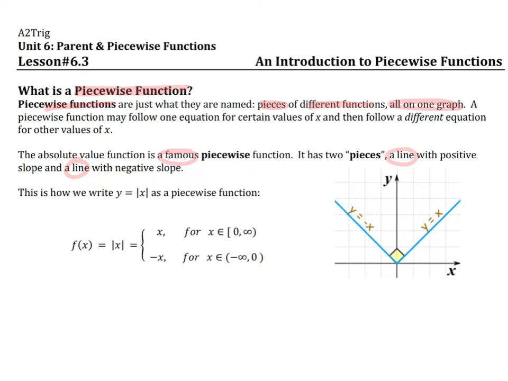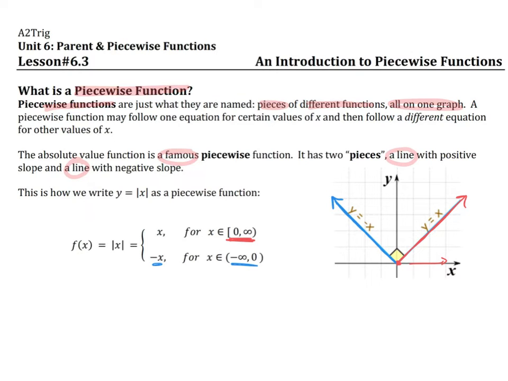The right-hand side has a positive slope, so we're going from 0 to infinity. The left-hand side has a negative slope, so that goes from negative infinity to 0.